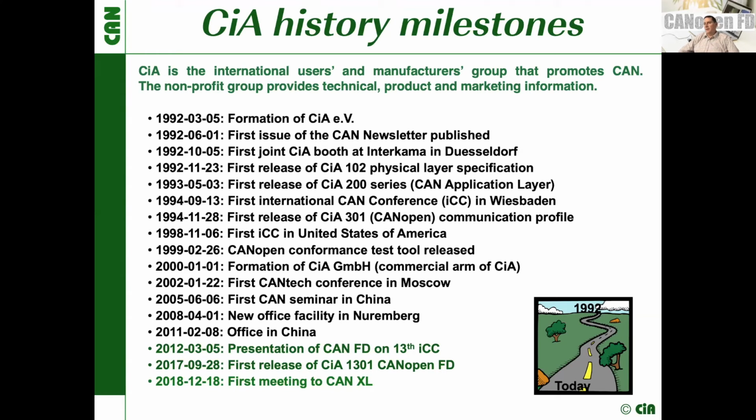Furthermore, we developed here in a working group the CANopen FD specification. So we are the guys maintaining this. It's the specification CiA 1301. So this is now the document according to which protocol stack manufacturers implement their software to provide you with a software stack capable to run CAN FD controllers in an improved way.